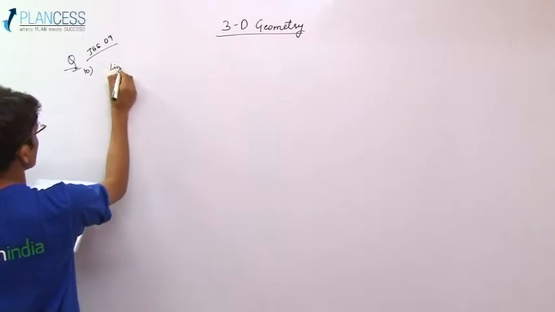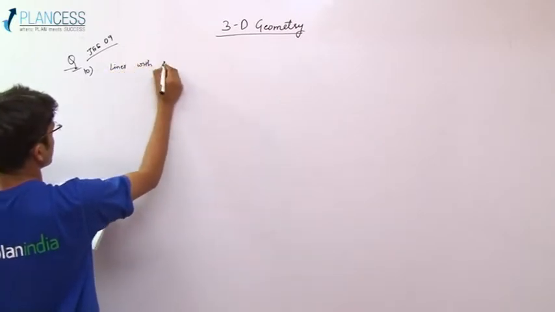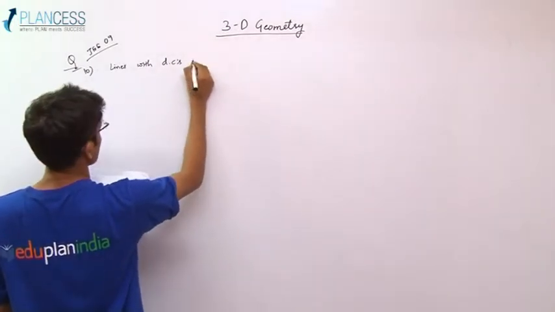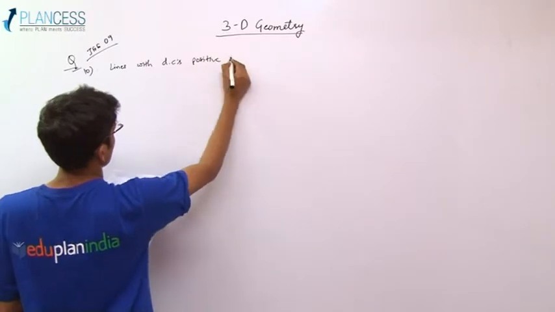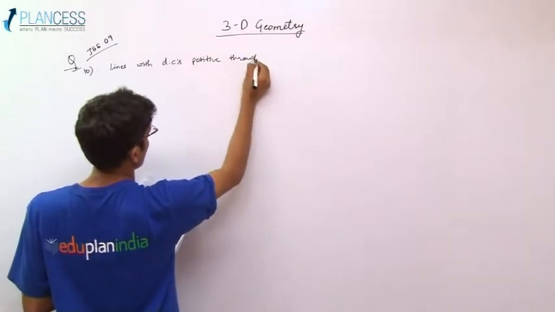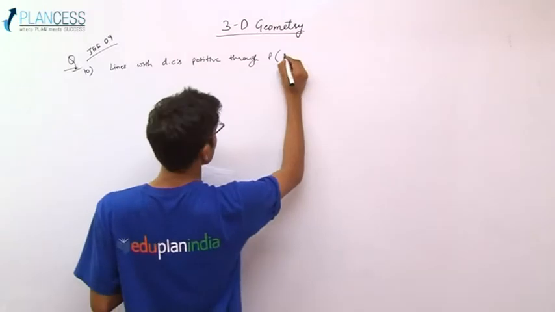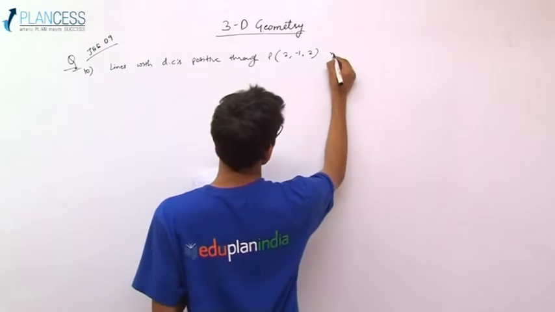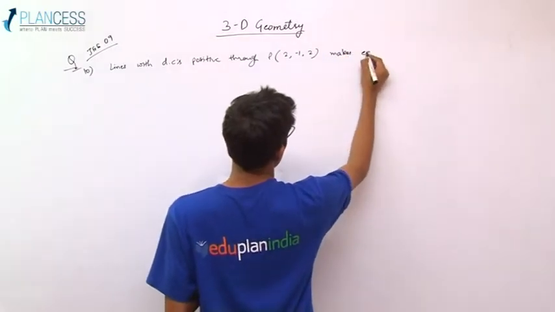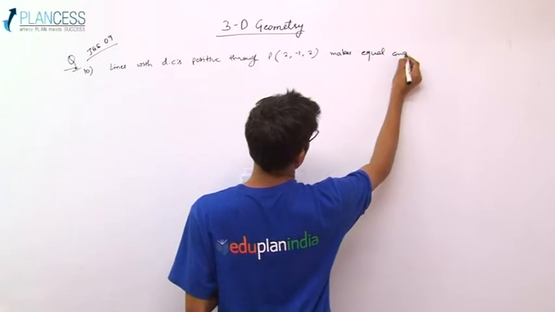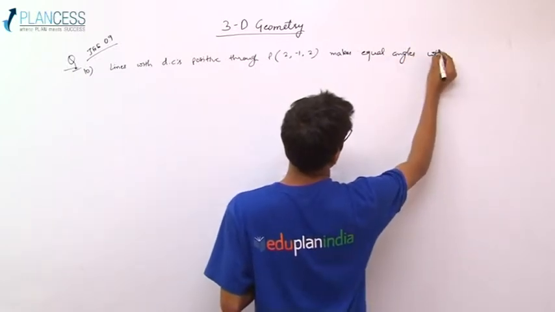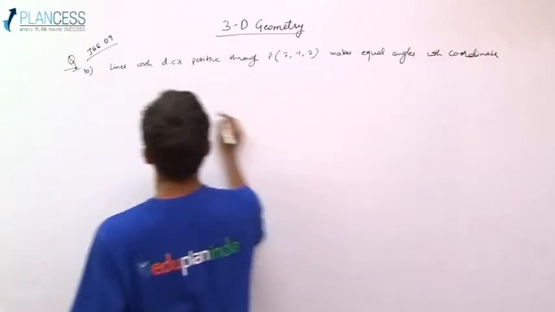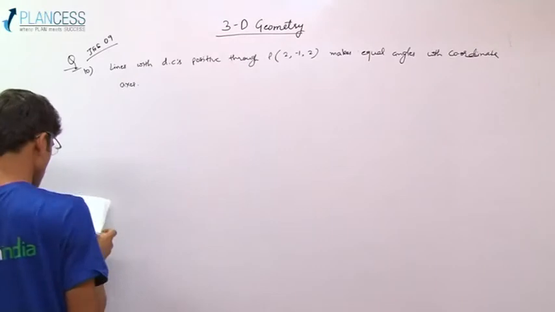So, lines with positive direction cosines through P (2, minus 1, 2) makes equal angles with the coordinate axes.